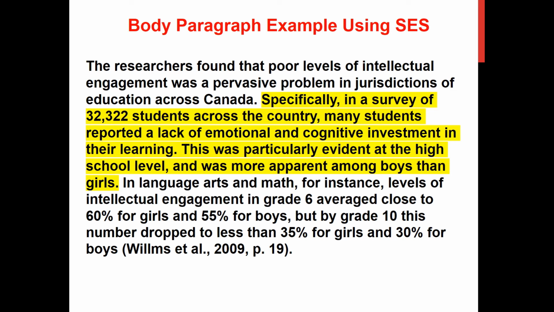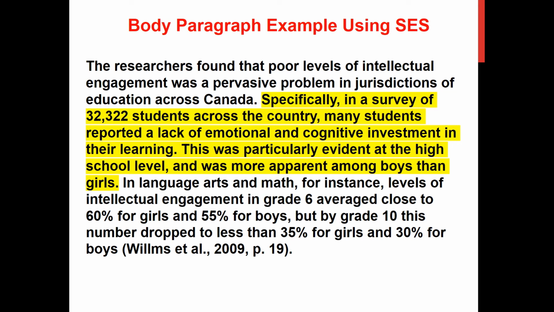So you can see that I'm providing added nuance and greater specifics around this research finding. You can see that I've defined the key term, intellectual engagement, and I've also provided some more detailed specifics around the fact that the low levels of intellectual engagement were more prominent among boys than girls.